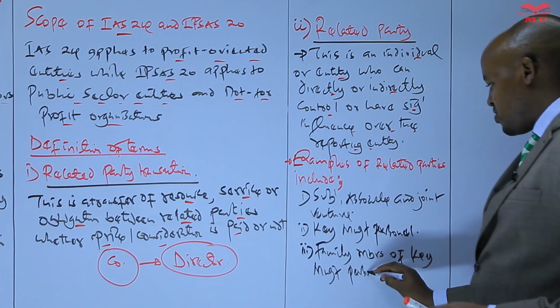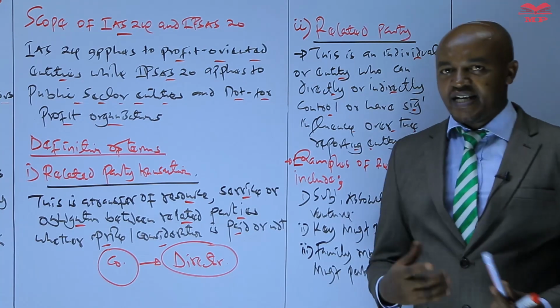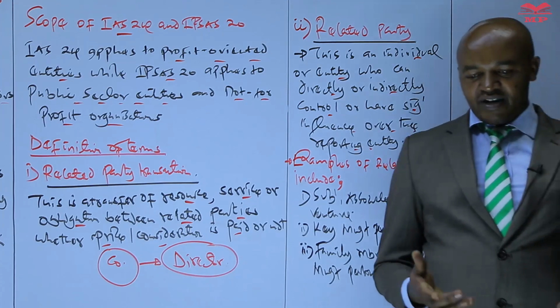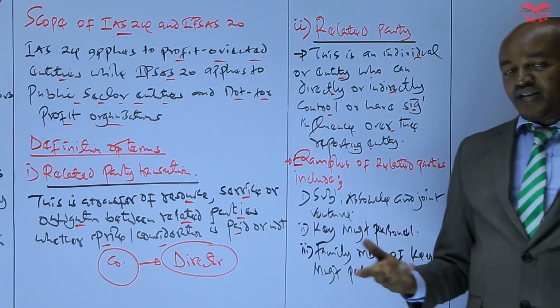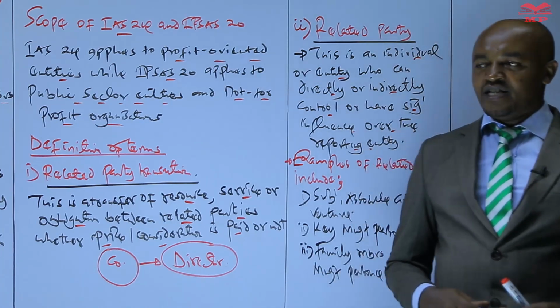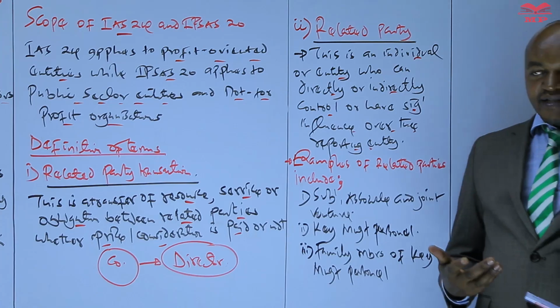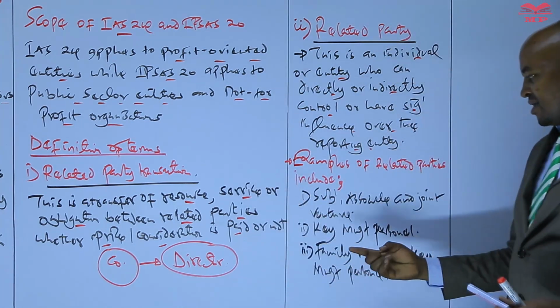When we talk about the management personnel of an entity, we are talking of directors and senior managers in an organization, including the CEO or chief executive officer. Those are key management staff. They are related parties, including their family members.